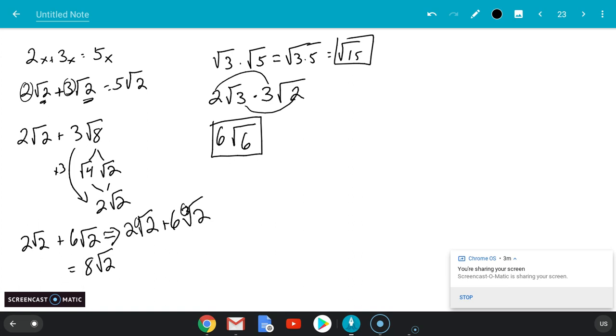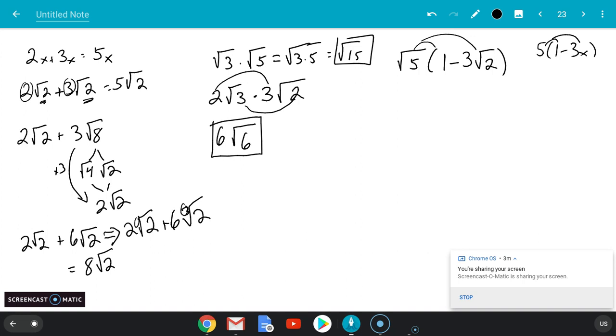Let's kick it up a notch, and let's say we had the square root of 5 times 1 minus 3 square root 2. This is the same thing as if you had 5 times 1 minus 3x. You would distribute. So the same concept goes here.